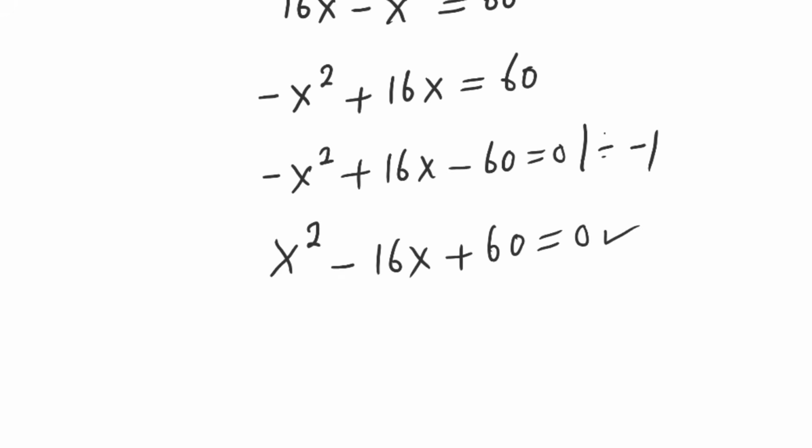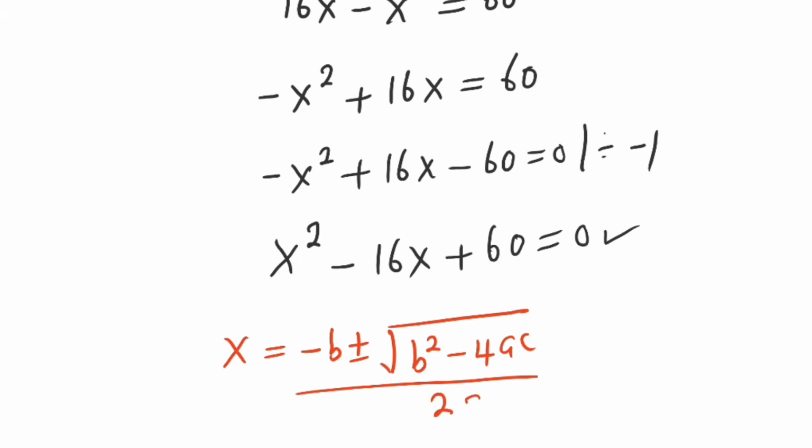Our quadratic general formula is given as x is equal to minus b plus or minus square root of b square minus 4ac over 2a.